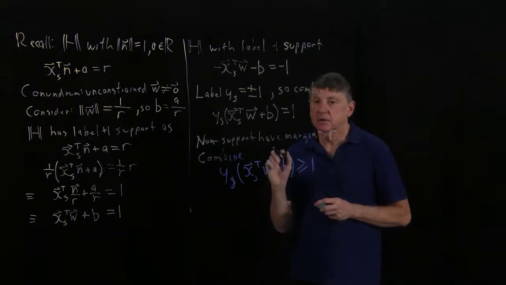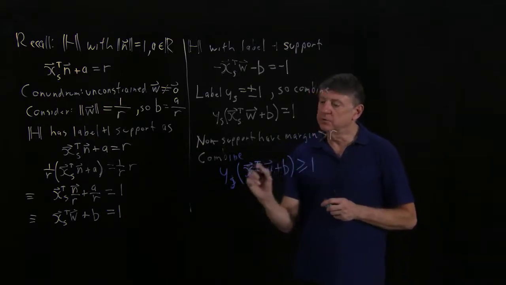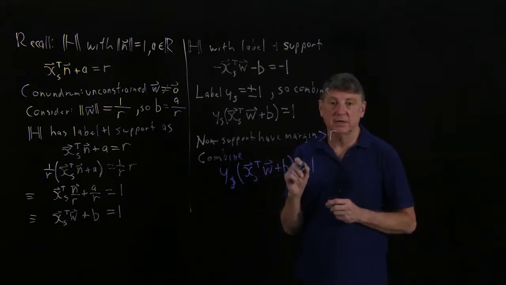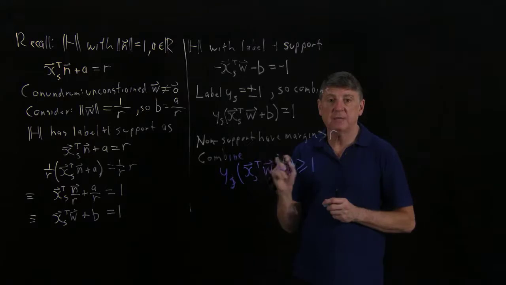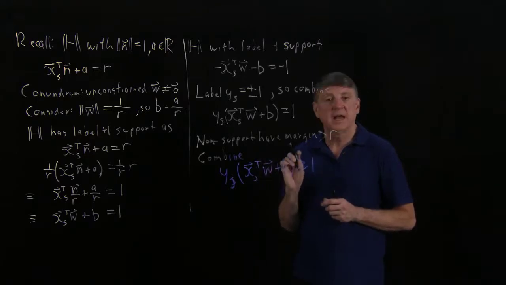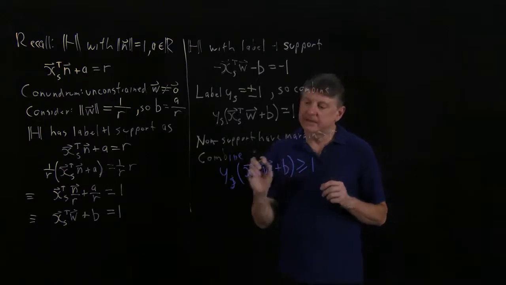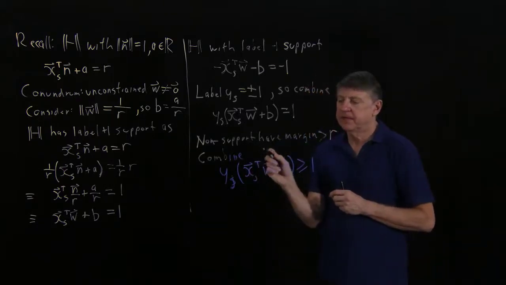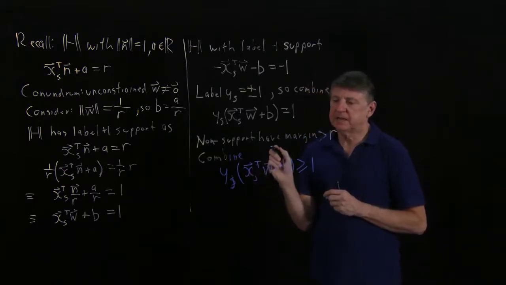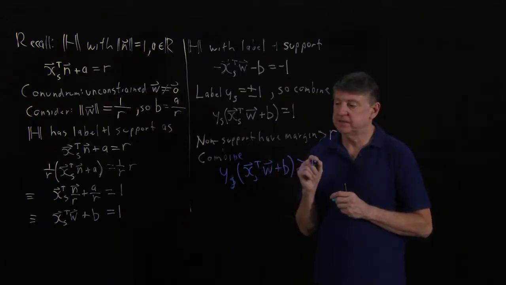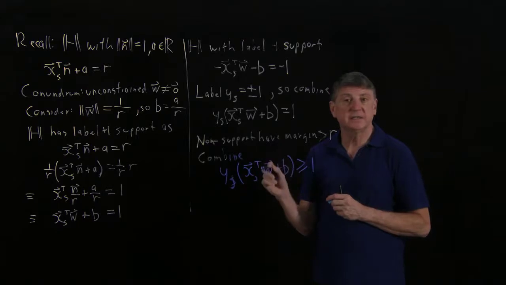And what we can observe is that in most cases this is a strict inequality, and equality happens only at the support vectors. And now we can recall that that would imply that a support vector is a boundary point for these linear inequality constraints, and a non-support vector is an interior point.